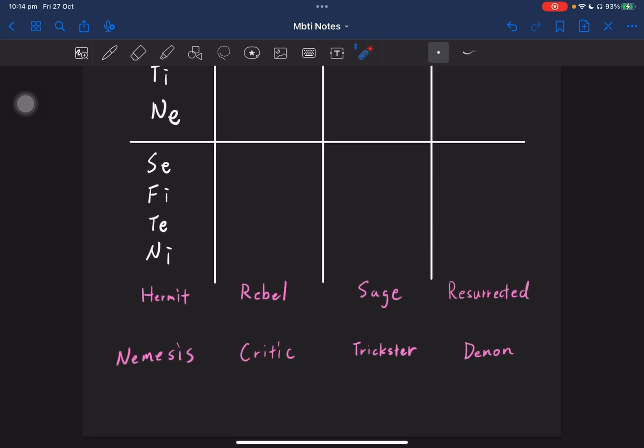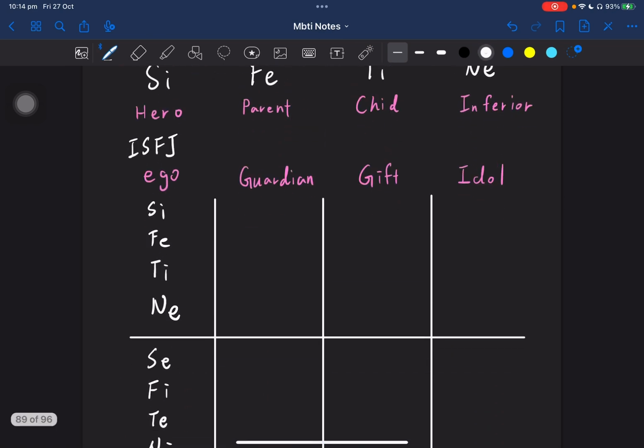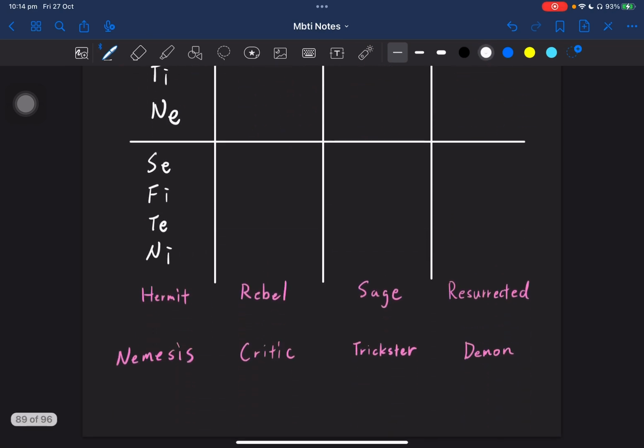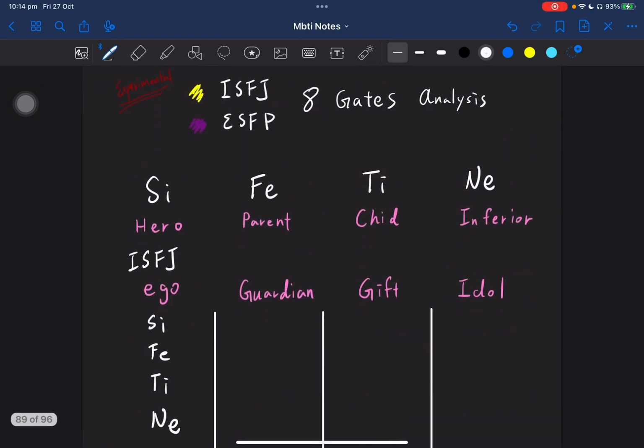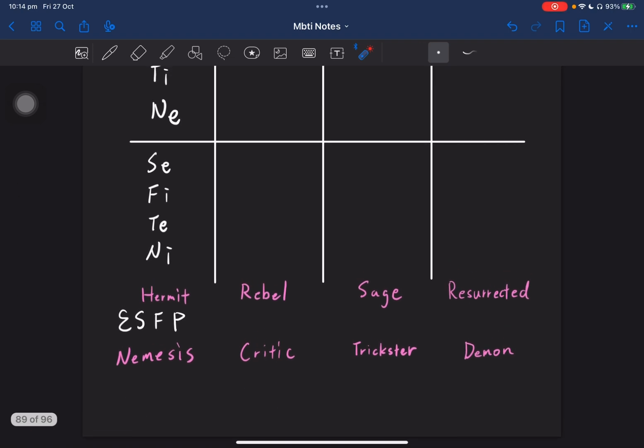So basically you just need the code to fill out the rest of the table. So what do we have here? It's an extroverted, right? Extroverted. Yes. ESFP, and it matches.